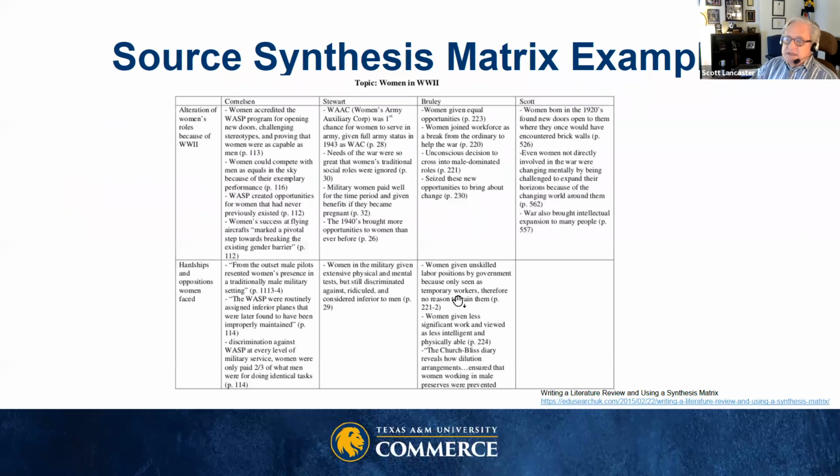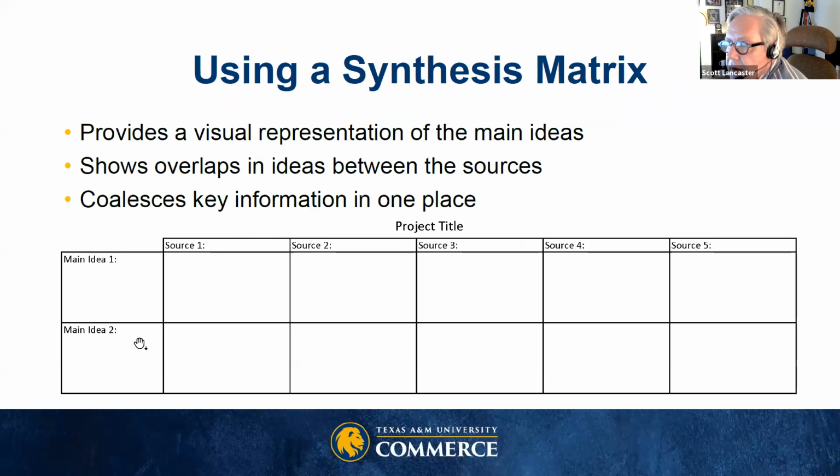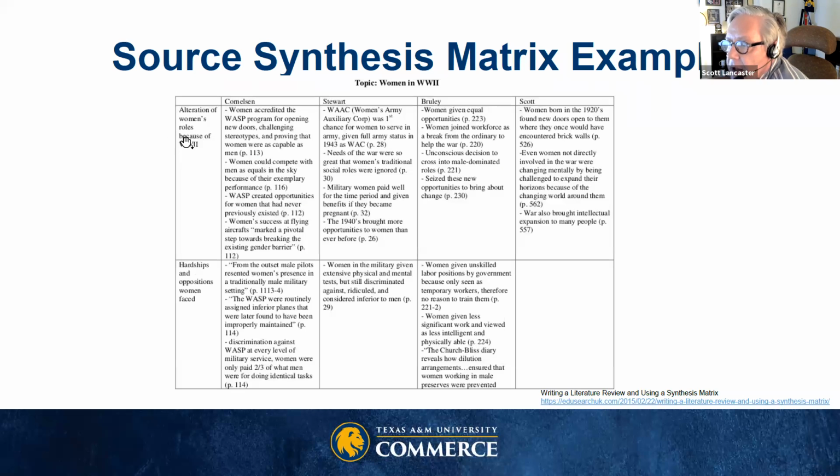For instance, this is an example. The topic is women in World War II, and we've got 4 sources, and 2 main ideas: the alteration of women's roles because of World War II, and the hardships and oppositions women faced.